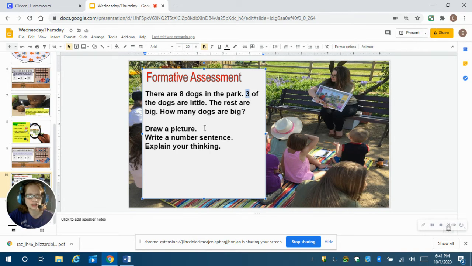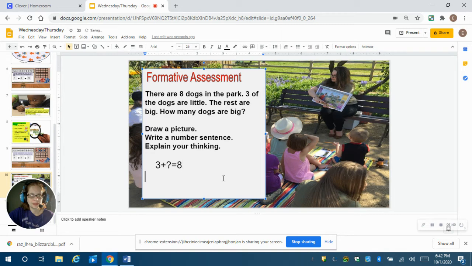How many dogs are big? Okay, so in this problem, I know that 3 is a part. And if I add a mystery number, it'll equal 8 because 8 is my total. Hmm, let me draw this out.